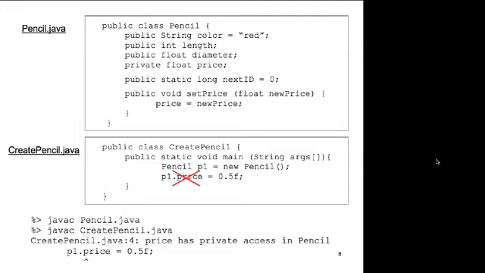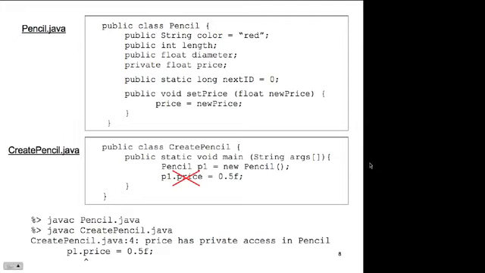Yes, it is. Correct. They're both different classes and different files, but one uses the other. Because when you run this, you type in java CreatePencil, and you would run that class as your driver program.